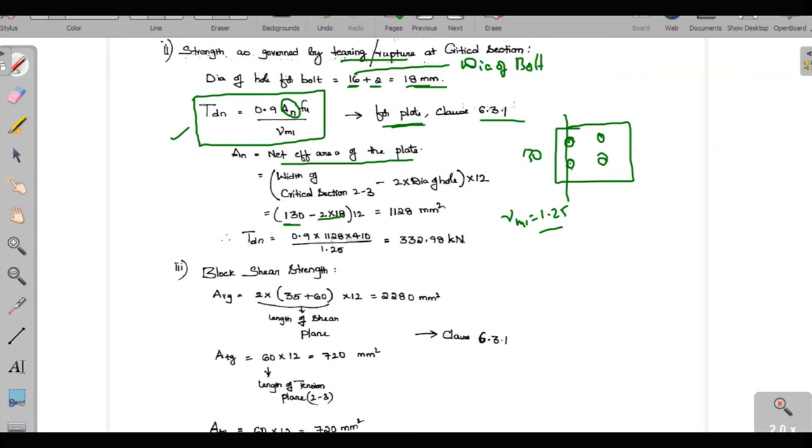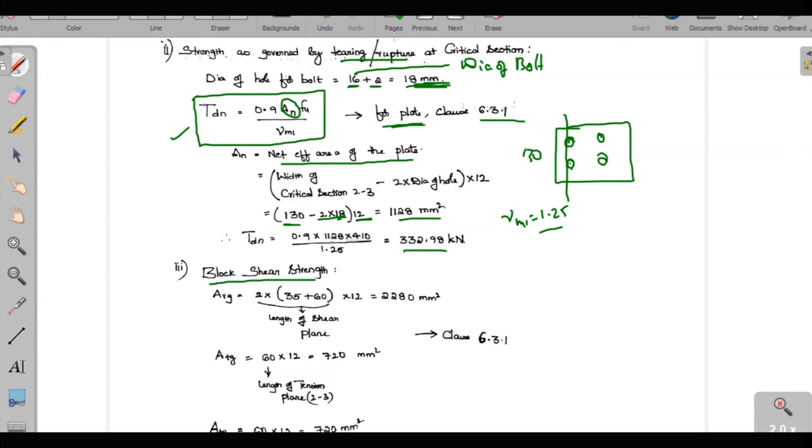So we add 2 mm to the bolt diameter, 18 mm should be taken as the hole diameter. 18 mm has to be considered as the hole diameter of the bolt. So 18 into 12 thickness. So it will give you the net area. The net area is obtained considering the diameter of the hole. So Tdn on calculation is 332.